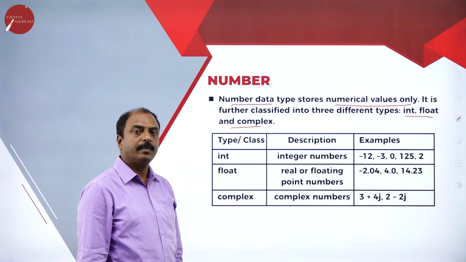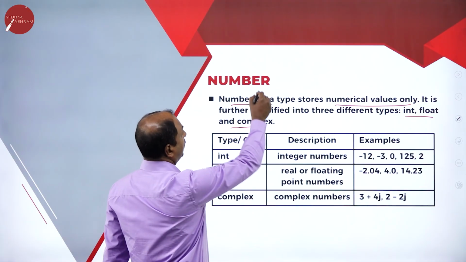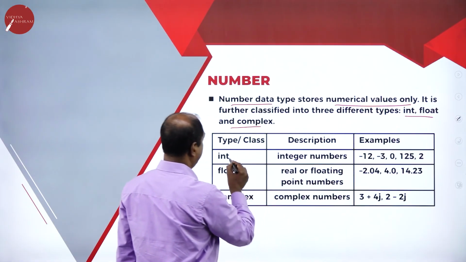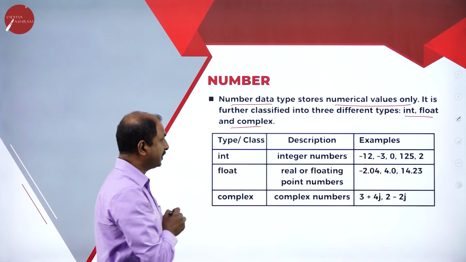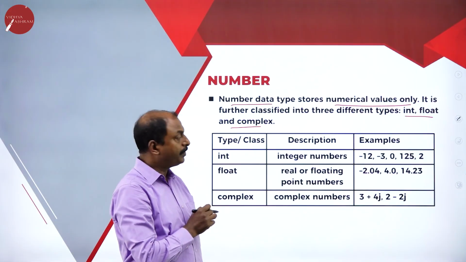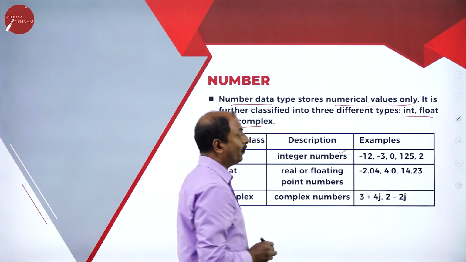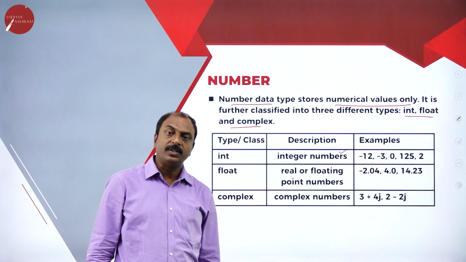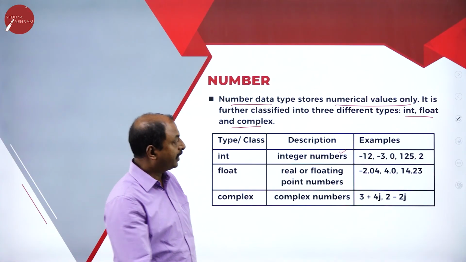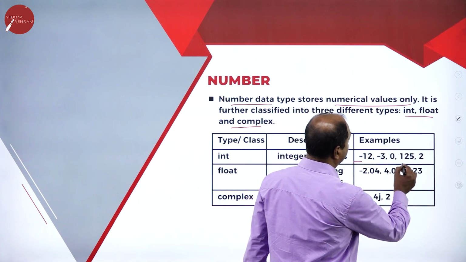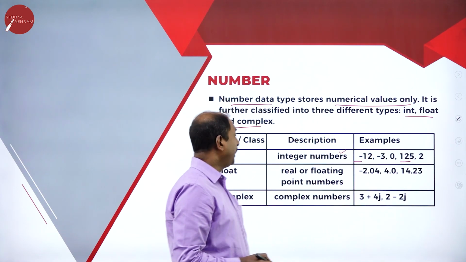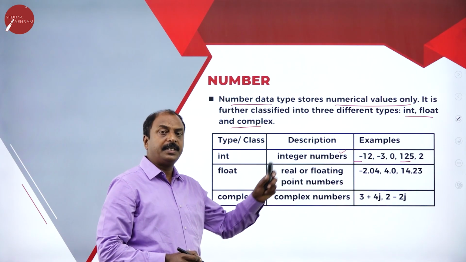And what is the int data type? It is going to store only integer values. Integer values are nothing but whole numbers. Either a negative number or a positive number, we use the int data type to store integer values.